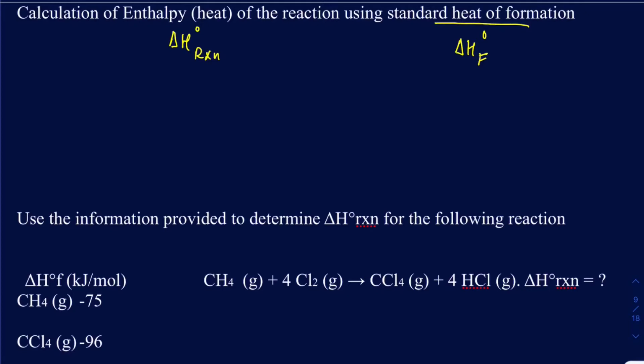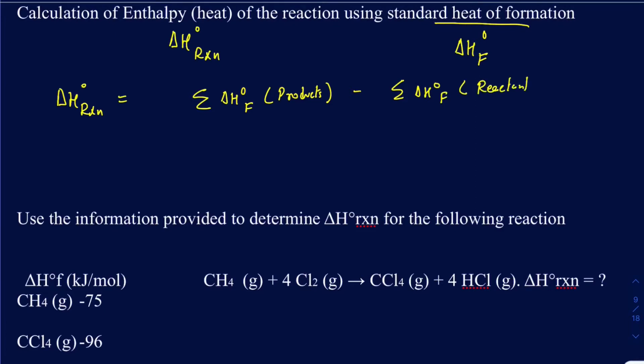And once you know the heat of formations for the products and the reactants, the delta H of the reaction can be easily calculated by doing the sum of the delta H formation of all of your products minus the sum of the delta H formations of all of your reactants.